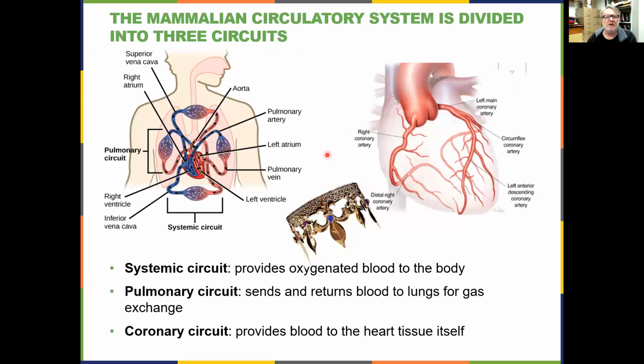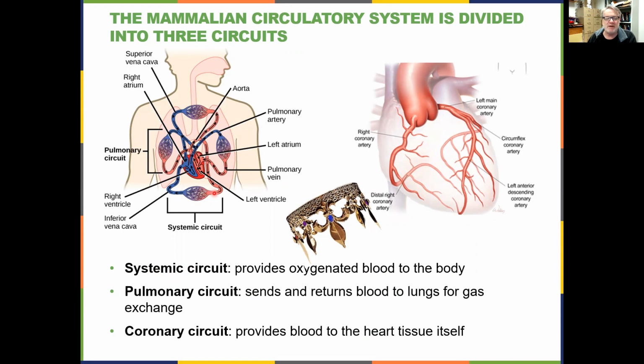If we look at a human as an example of a mammal, we see that we can break the circulatory system into three major circuits. The first circuit is called the systemic circuit, which is the circuit that actually provides the oxygenated blood to the body itself, to all the somatic cells.